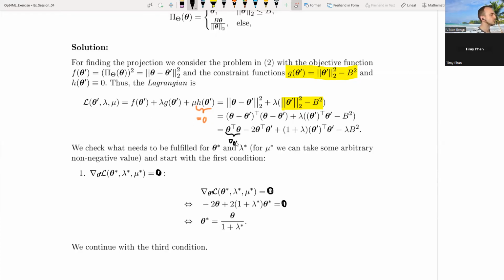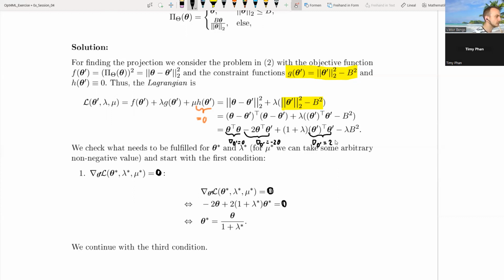So the gradient with respect to theta prime of this here is 0, of this thing is minus 2 times theta, and of this thing we then multiply by the factor 1 plus lambda.